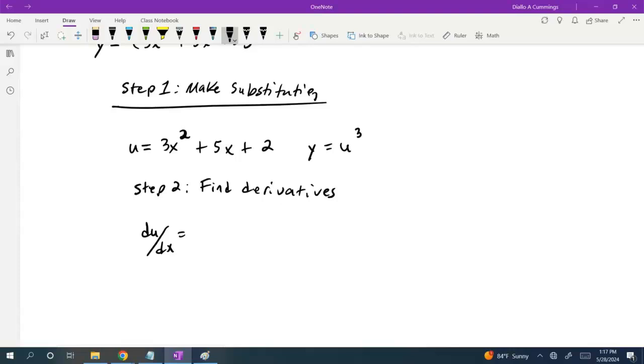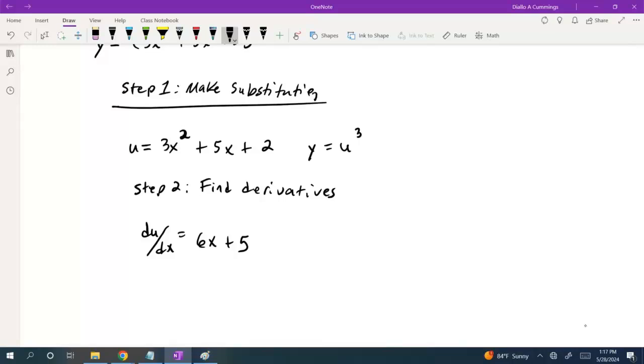I'm going to use the power rule for each term. The derivative with respect to x for 3x squared is 6x, plus the derivative of 5x with respect to x is 5, and the derivative of any constant is 0.